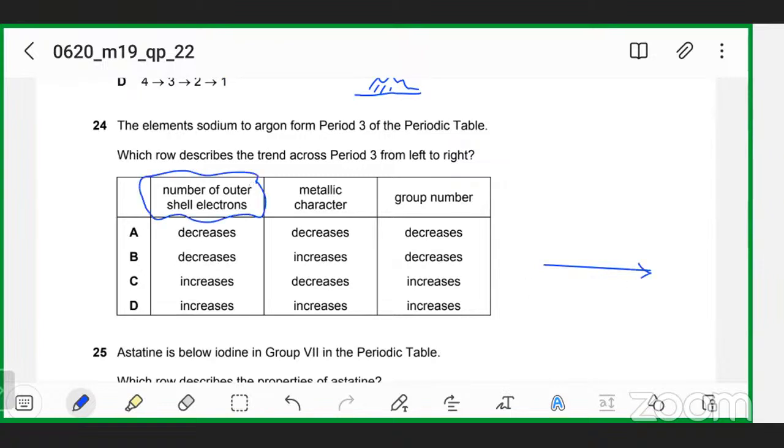Do they increase or decrease? मतलब ग्रुप 1 में कितने होता है आउटर शेल, ग्रुप 5 में कितने, ग्रुप 7 में कितने होते हैं? Increase. अच्छा, they increase, right? Factual. मेटालिक कौन सा होगा करेक्ट है? Decrease. ठीक है, ग्रुप 1 मेटल होगा, लेकिन राइट की तरफ it's going to be non metal, right? And the group number increases, right? So it's going to be C.